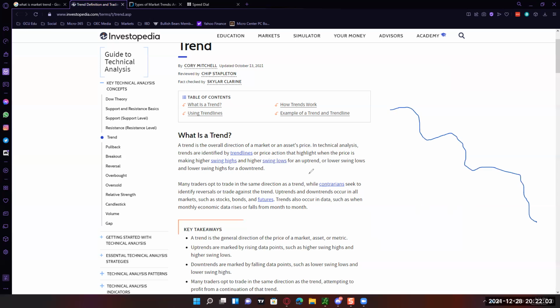And it can be as ugly or as clean as we would ever want it to be, but swing lows and swing highs, trend lines, being able to snap a trend line on the price action, all of those would help you be able to define, is this a trend? And remember, you don't want to try to mix up different time frames. If you're looking at a 5-minute and you ask, is this a trend?